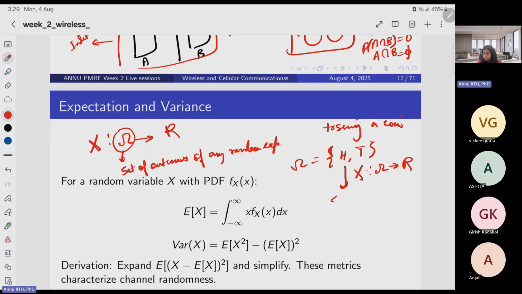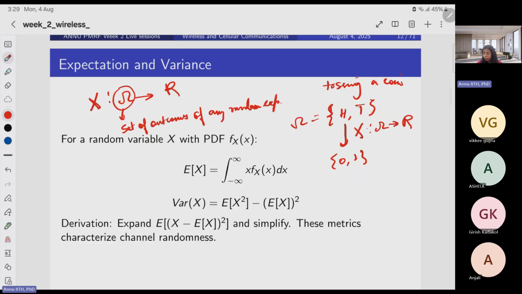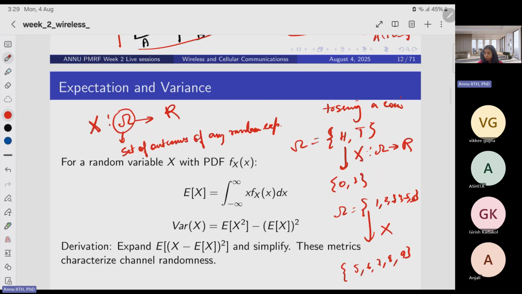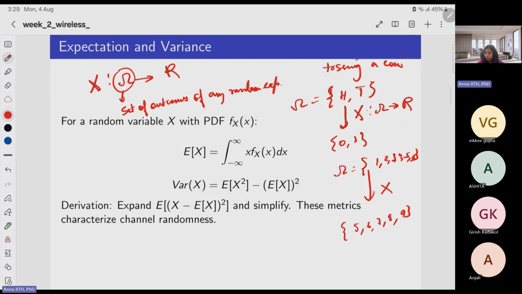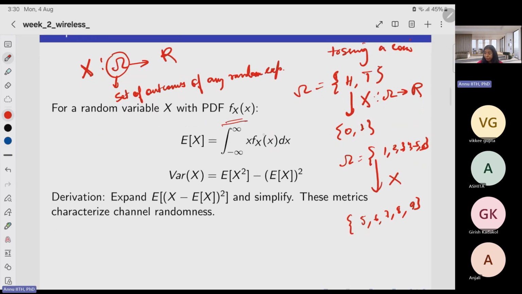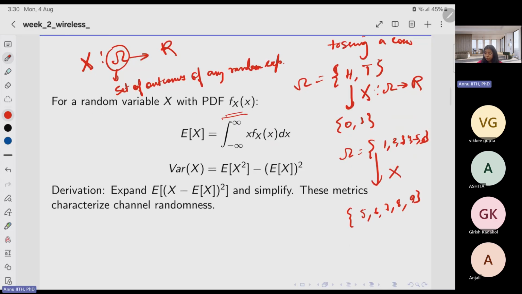For example, if X takes values 1, 2, 3, 4, 5, 6 and we map them to 5, 6, 7, 8, 9, this is also a random variable. If we have a random variable, it is defined by expectation and variance, and this is a PDF. What does that PDF mean?